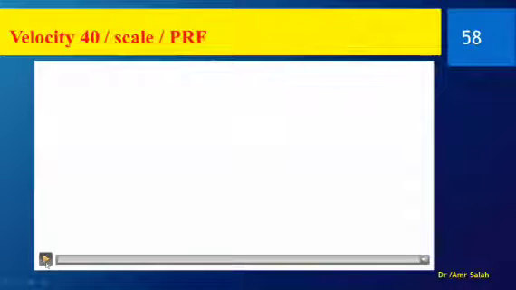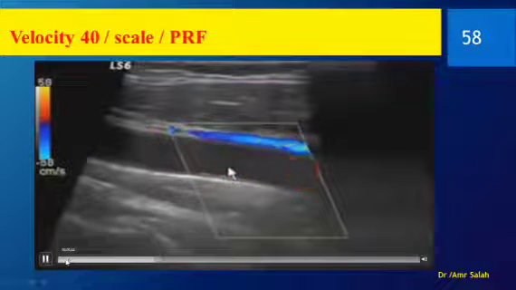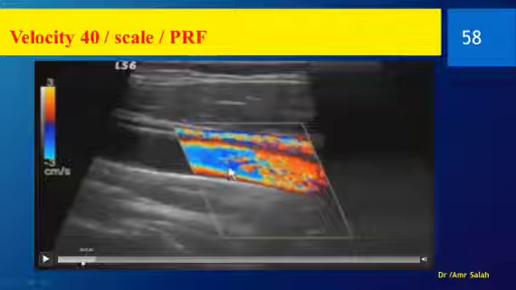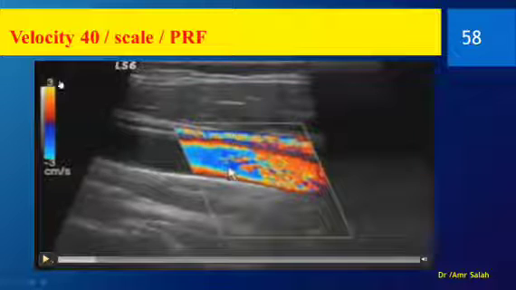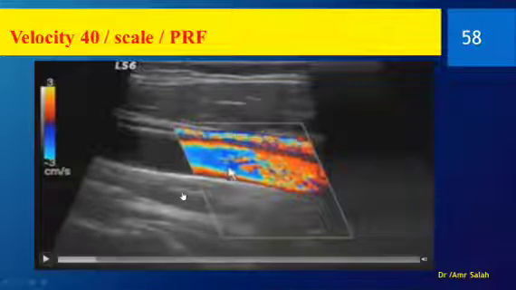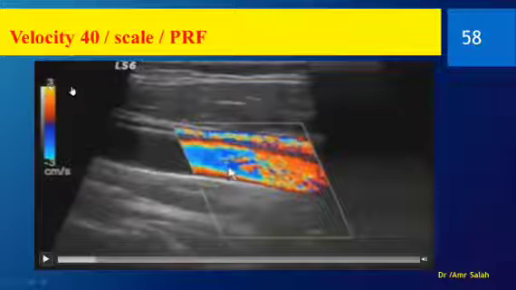Okay, so let's break down this video. Here the BRF is 3. We assume that the velocity in this vessel is 40. So when the scale of the BRF was adjusted to 3, what will happen?